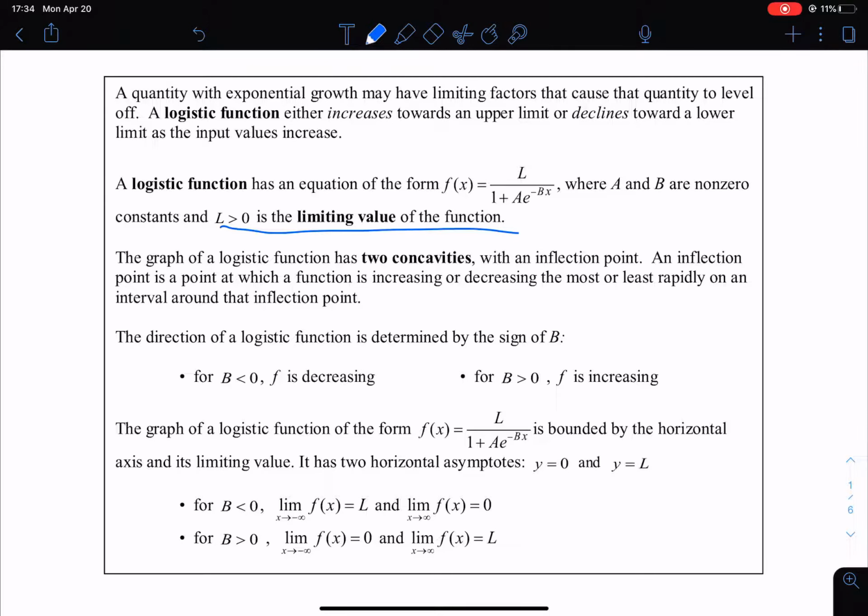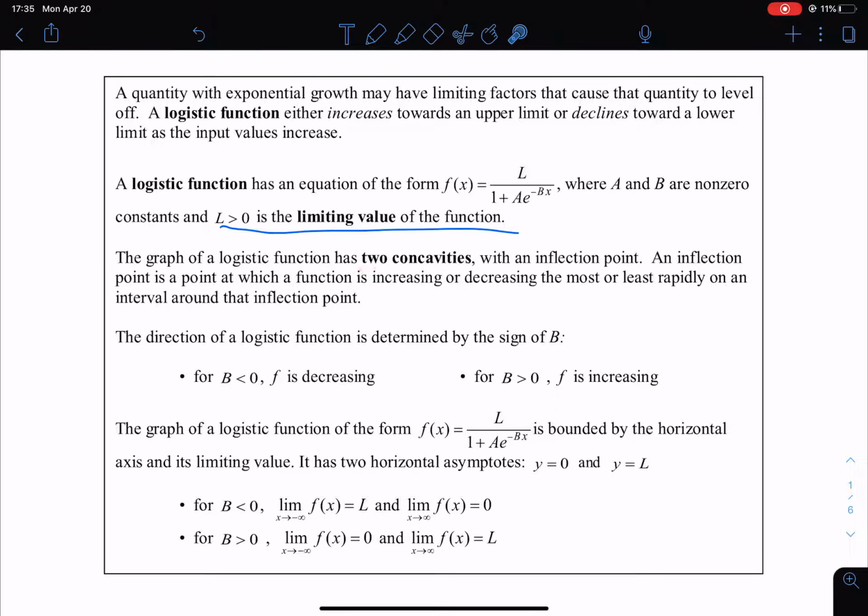This function either increases towards an upper limit or declines towards a lower limit as the input value increases. And the graph for a logistic function has two concavities. We know if a function has two concavities, then there must be an inflection point, because the inflection point is where the concavity changes.